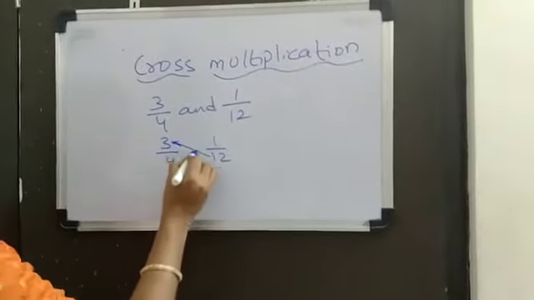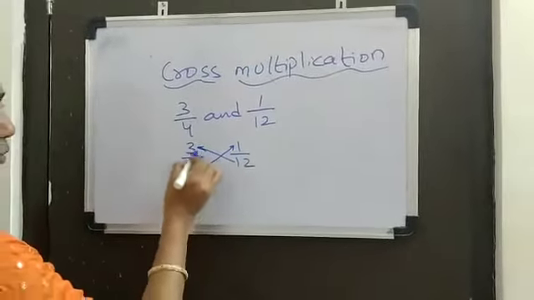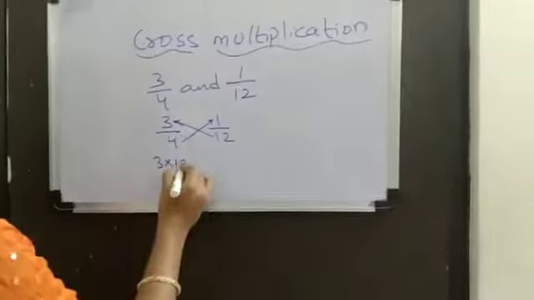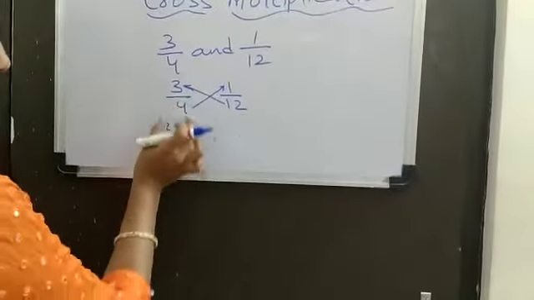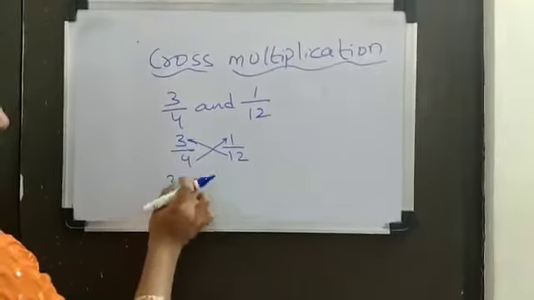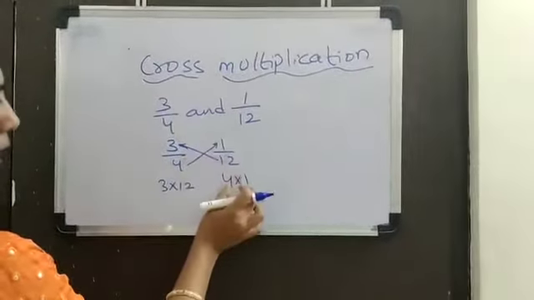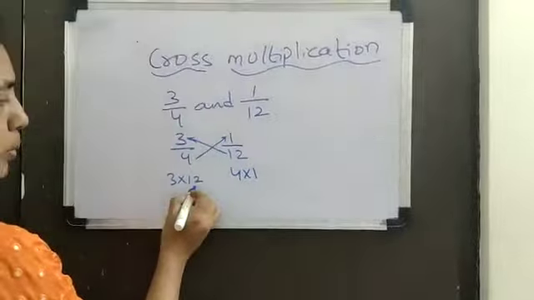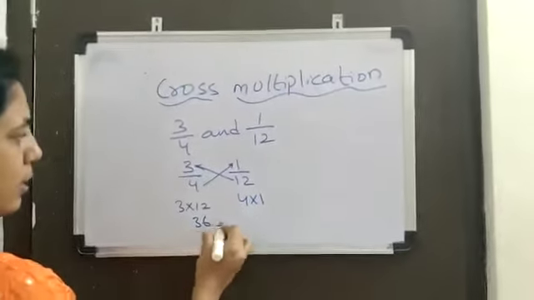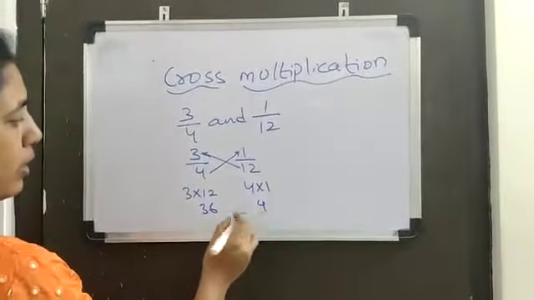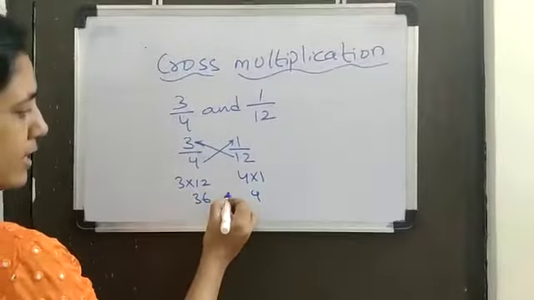Now first multiply 3 into 12, and write it exactly below the first fraction. Next you have to multiply 4 into 1, and write it exactly below this. So 12 threes is 36 and 4 ones is 4. Now which is bigger? 36 is bigger.